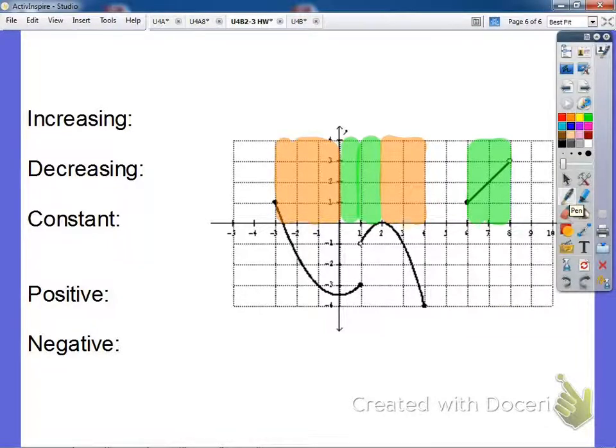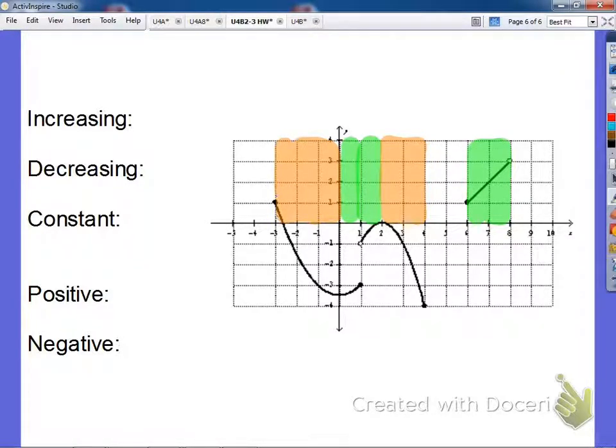Those dividing lines are at -3, 0, 2, 4, 6, and 8.